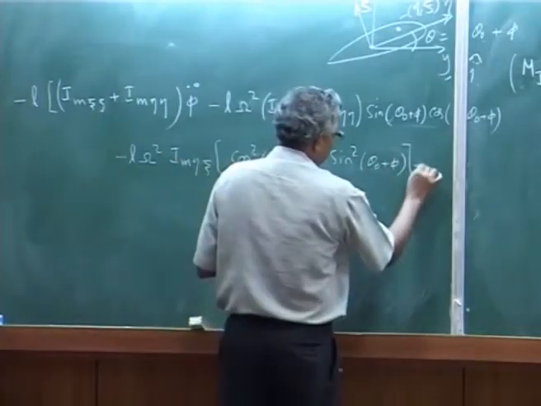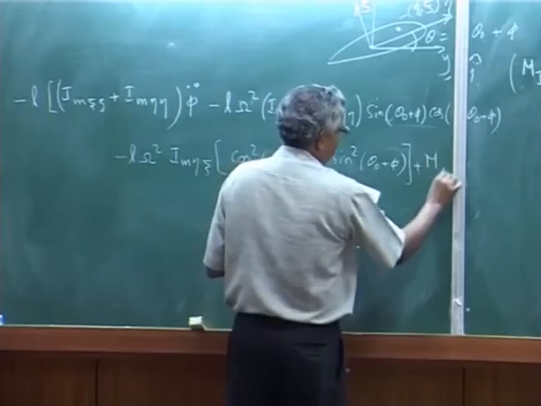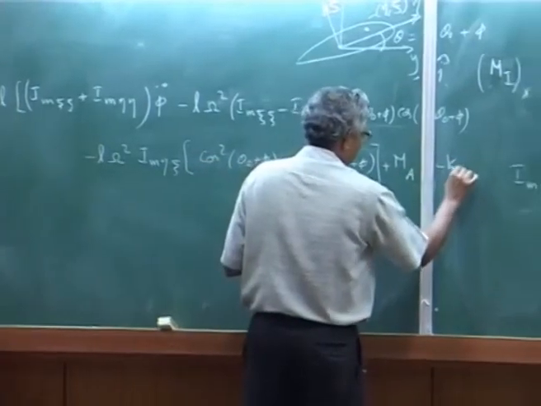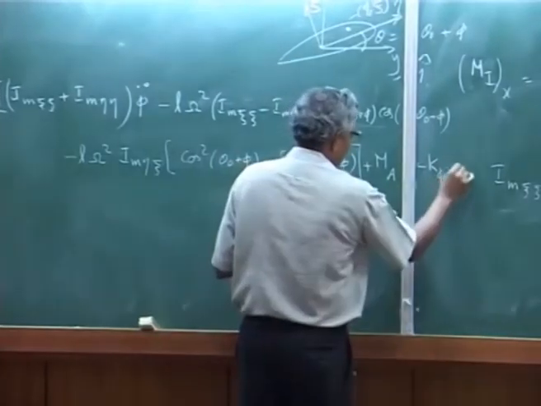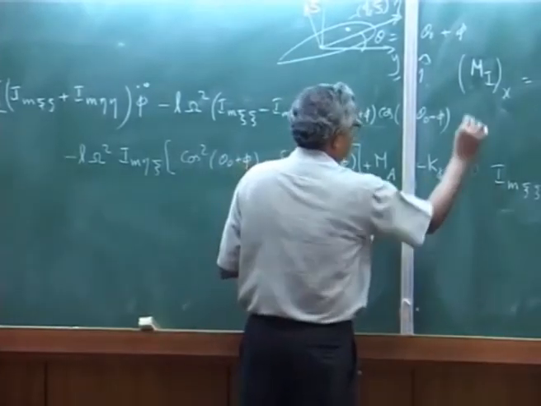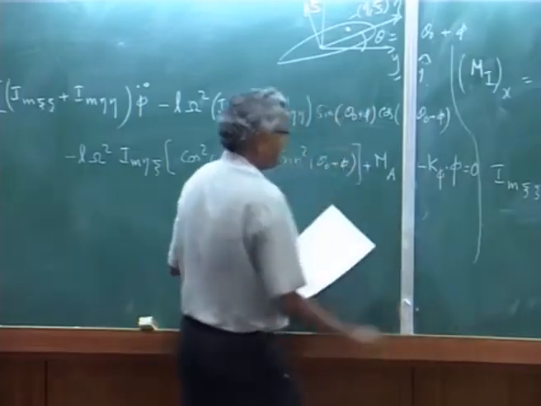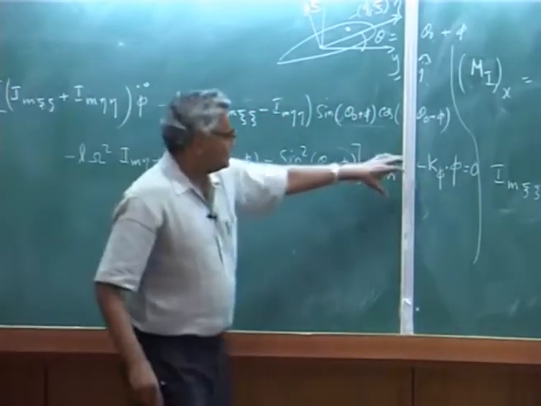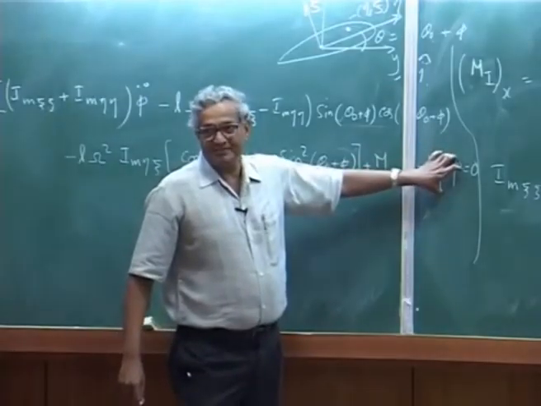Then you put the aerodynamic load m a, and because this other load will be k phi into phi, equals 0. This is my equation, because this is the moment due to spring.